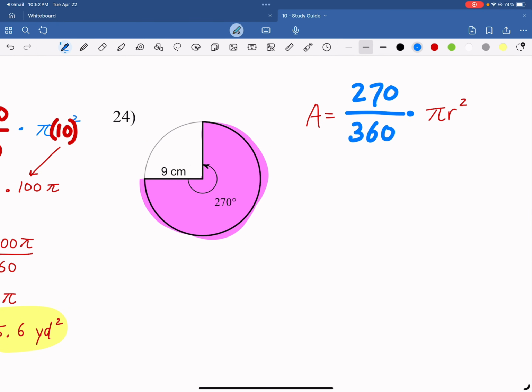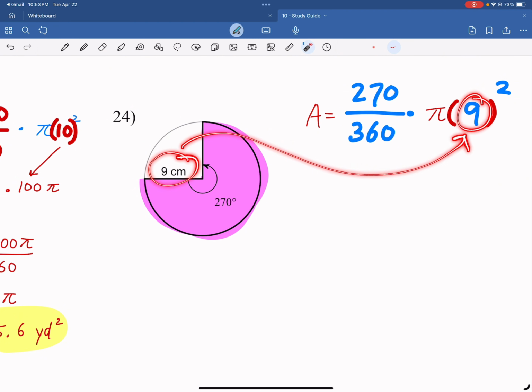How many degrees? Well, 270 of it. I'm just going to move this guy away. This is going to be 9 squared, because the radius, again, is 9, right? That's where you got 9 from.